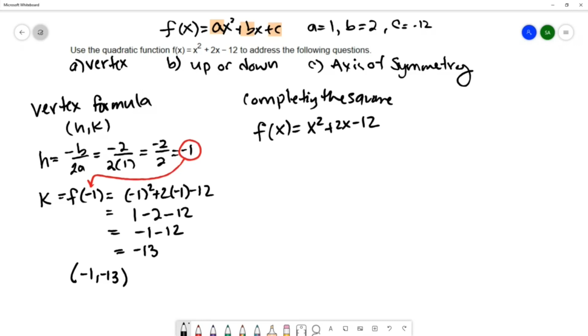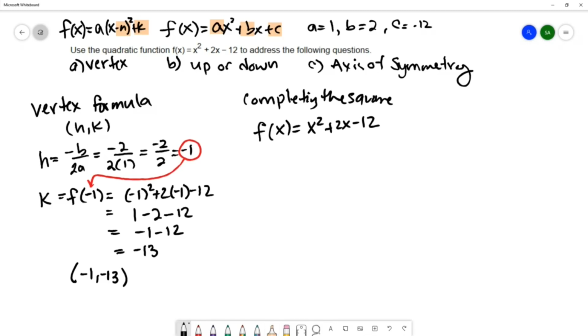And this quadratic function is in general form. What we're going to do is try to rewrite it in the vertex form, which is a times (x minus h) squared plus k. And when we write it in that vertex form, it's very easy to recognize what the h and the k are, and that is our vertex.